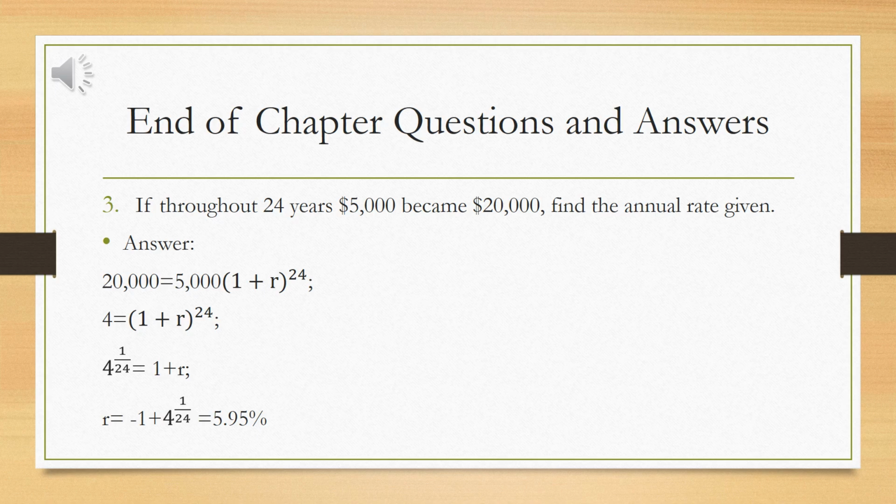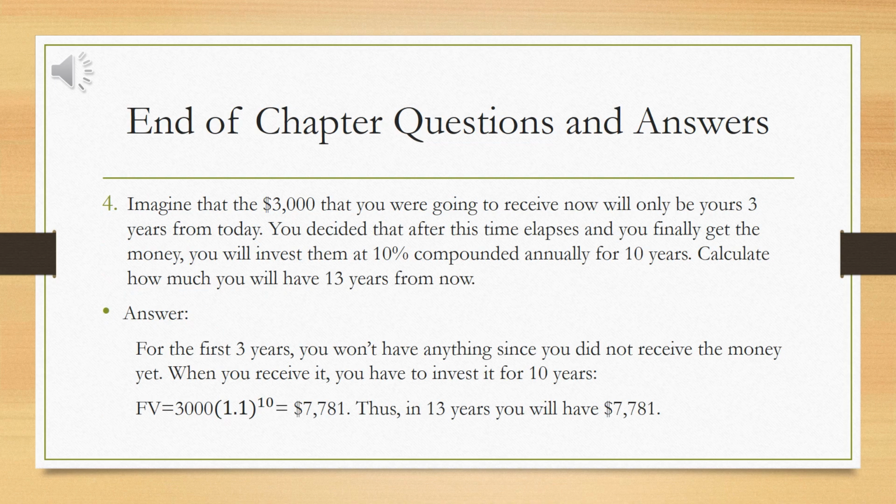Therefore, $20,000 equals $5,000 times 1 plus R to the power 24. By solving this equation, we get R to be 5.95%.